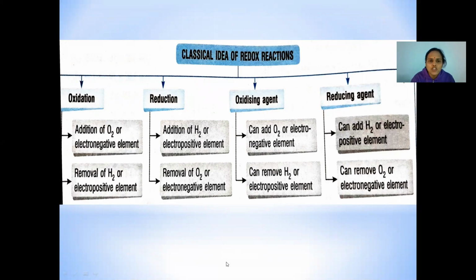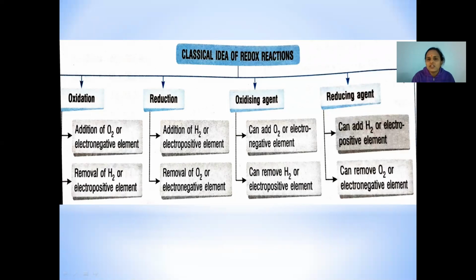Oxidation is addition of oxygen or electronegative element, and removal of hydrogen or electropositive element. That is the process of oxidation. Reduction is addition of hydrogen or electropositive element and removal of oxygen or electronegative element.